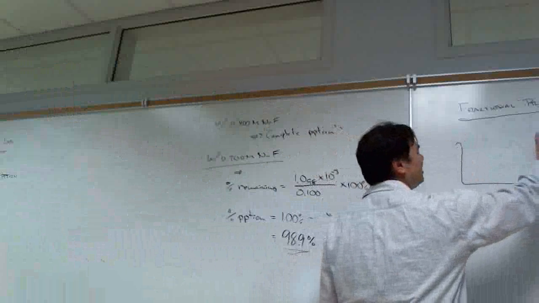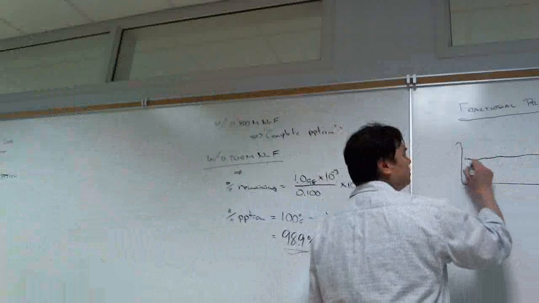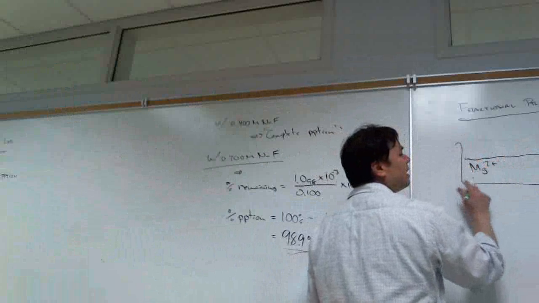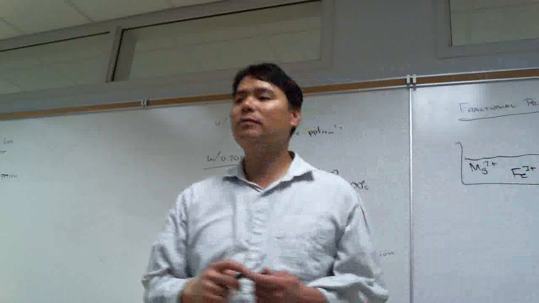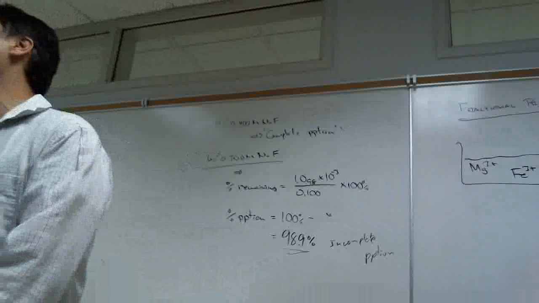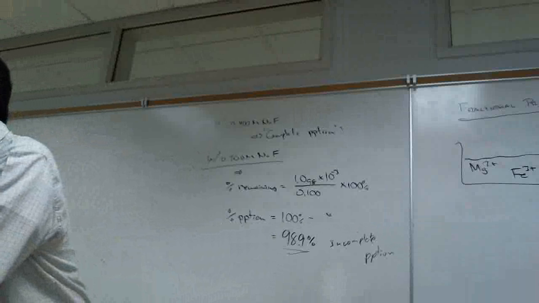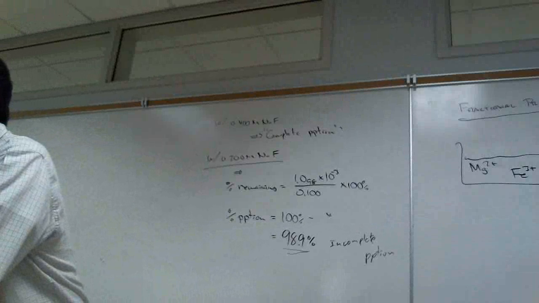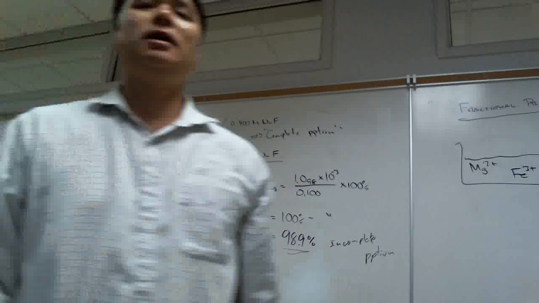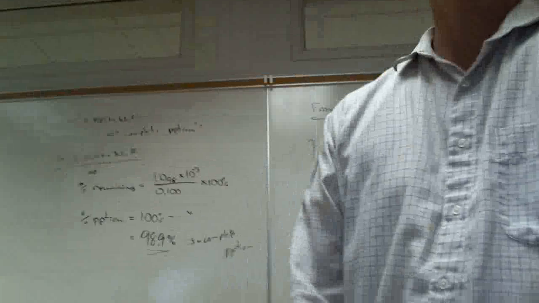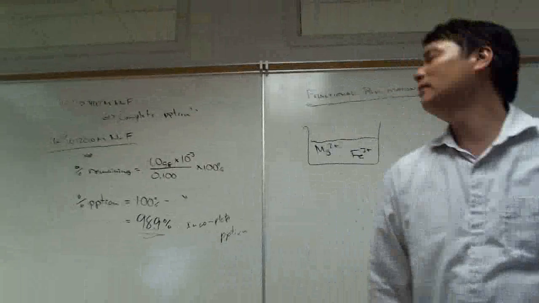For example, we wanted to separate the 2+ ions, something like magnesium 2+, from the 3+ ions. How can we precipitate out one but leave the other in solution? And so how did we do that in lab?